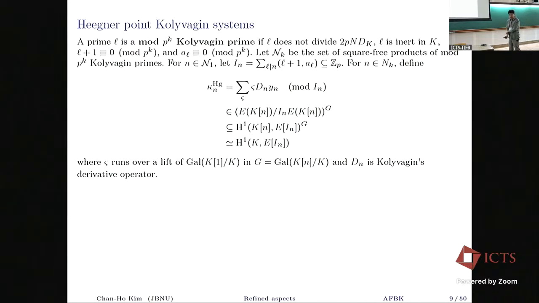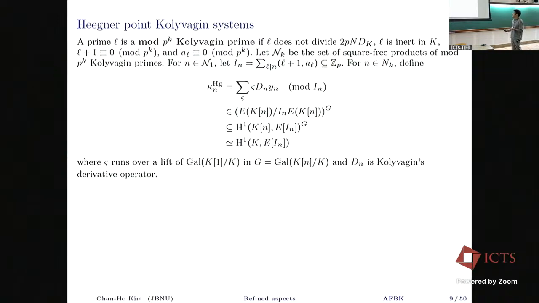Now we move to the Kolyvagin system. So let me say a prime l is a mod p^k Kolyvagin prime if it does not divide 2p and D_K, and l is inert in K, and l+1 is congruent to 0 modulo p^k, and a_l is also congruent to 0 modulo p^k. And N_k is the set of square-free products of mod p^k Kolyvagin primes.